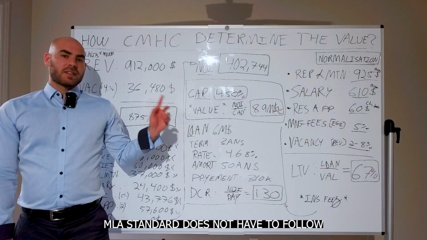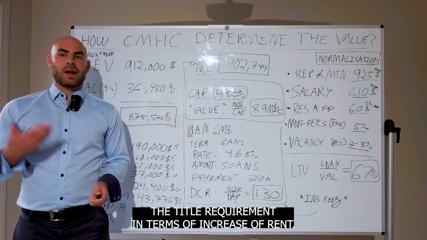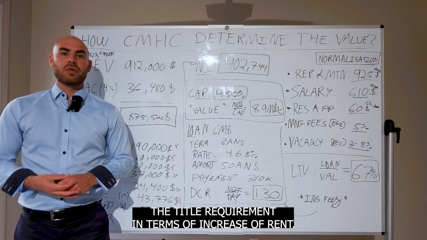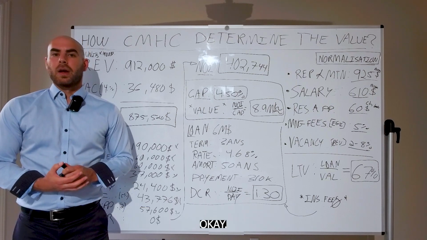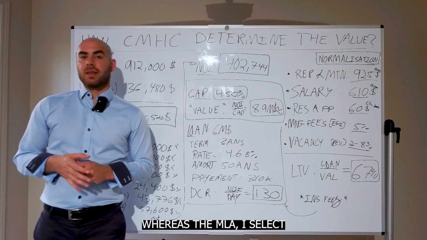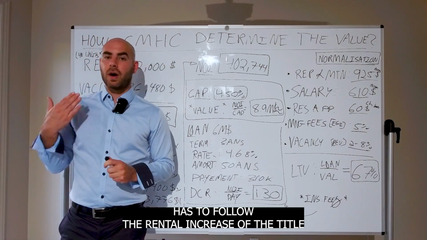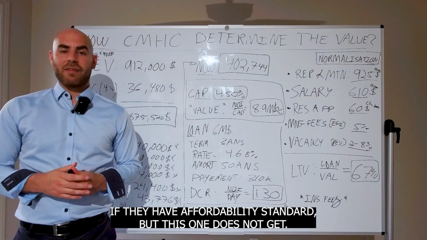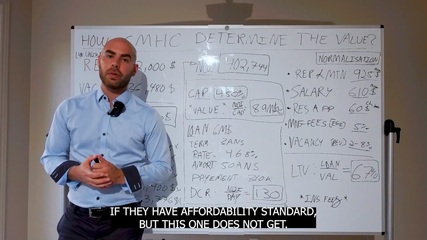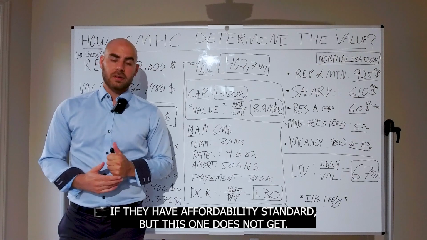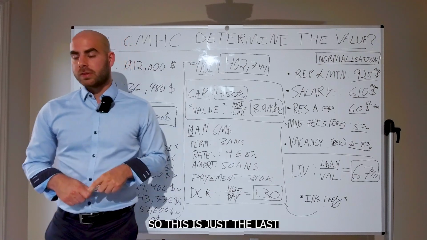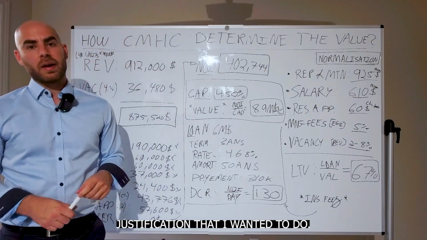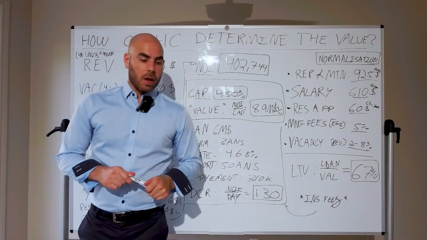The MLI standard does not have to follow the TAL requirement in terms of rent increases, whereas the MLI select has to follow the rental increase of the TAL if they have an affordability standard, but this one does not. So this is just the last justification that I wanted to do.